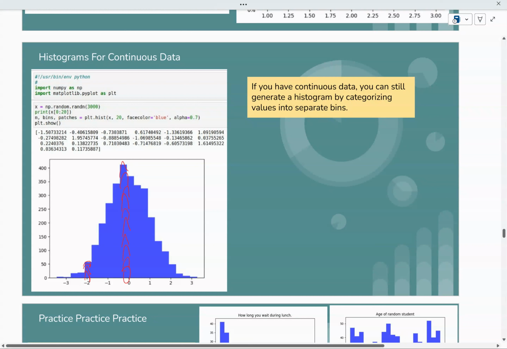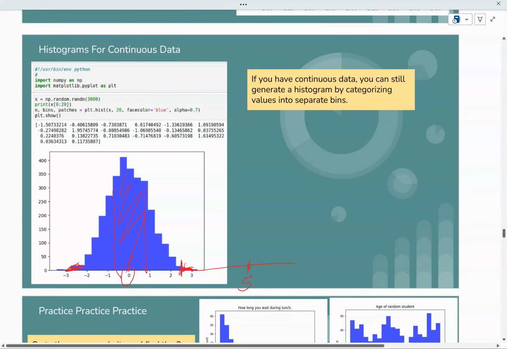And therefore, you can see that around 0, the probability of things happening in this region is pretty high. And the probability of things happening in this region or this region is pretty low. So you can get a sense of the likelihood of things happening. And then you can say that, well, probability of 5 is basically 0, right? Because it's probably not going to happen.